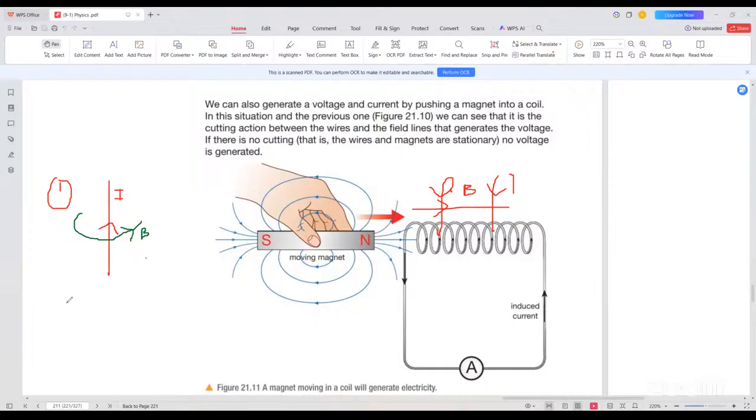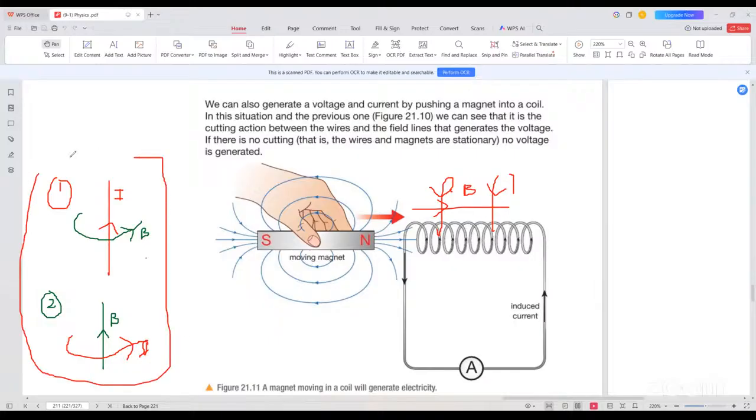The other way is that you can place the thumb in the direction of the magnetic field, and the generated current direction will be given by the other four fingers. So remember, the right hand screw rule can be used in both ways. Here also we are using it to get the direction of the current.